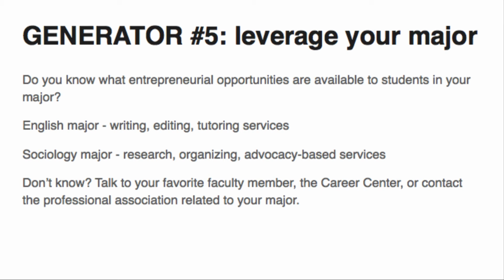If you're a sociology major, you can start a business through research, organizing, or advocacy-based services. If you don't know, you can talk to your favorite faculty member or any faculty member, the Career Center, or you can contact the professional association related to your major. They will all be absolutely willing to help you come up with some ideas that are fitting to the skills that you're learning in school.